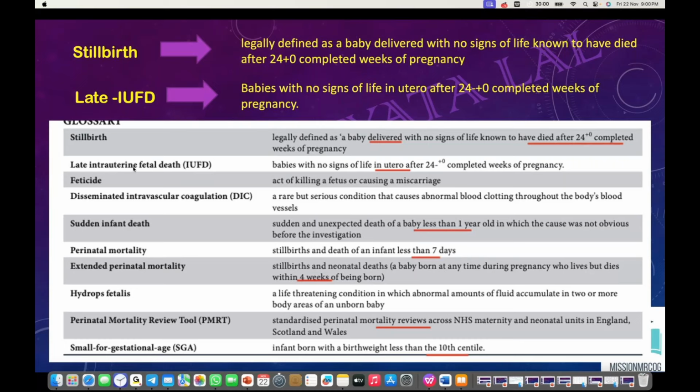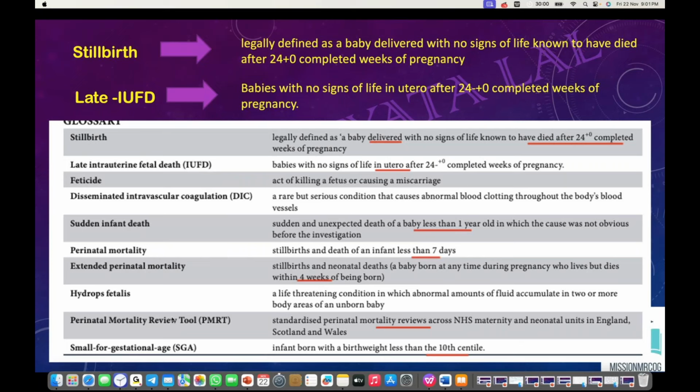Apart from this, there are a couple of definitions necessary for part 2 people. Sudden infant death is when a baby unexpectedly dies at less than 1 year. Perinatal mortality is stillbirth and death of the infant within 7 days. Extended perinatal mortality is stillbirth and neonatal death within 4 weeks of birth.